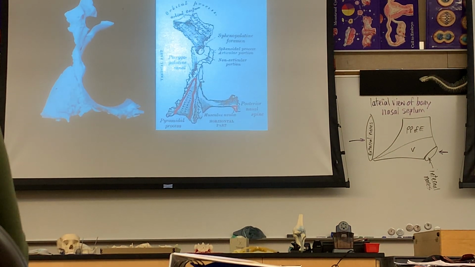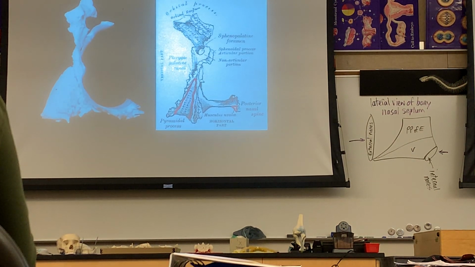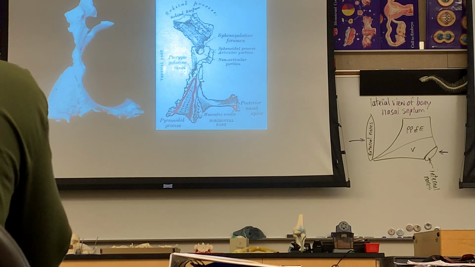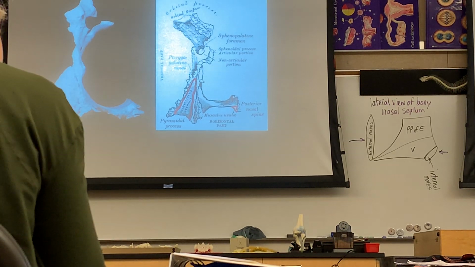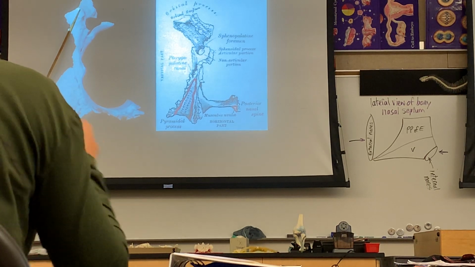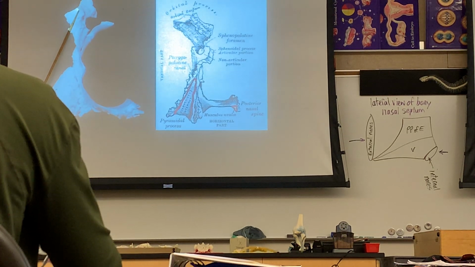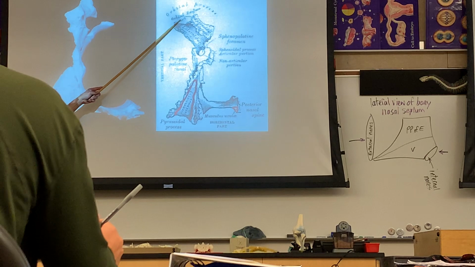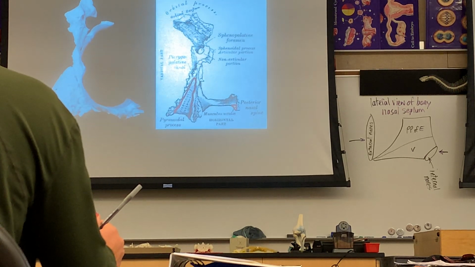Palatine bones look like a capital L. It has a vertical part and a horizontal part. Believe it or not, the palatine bone actually is one of the 7. The upper point is called the orbital surface.